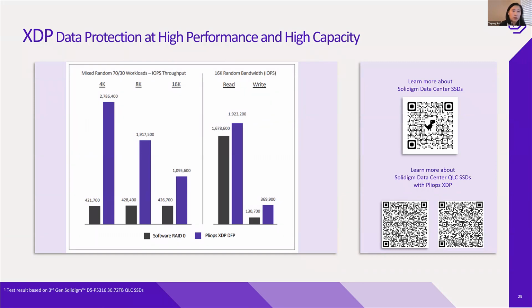And with this level of performance, customers are able to get much better performance for the sub-IU, like the smaller reads and writes, on a large density QLC SSD. That's all I have. Thank you, Yang.